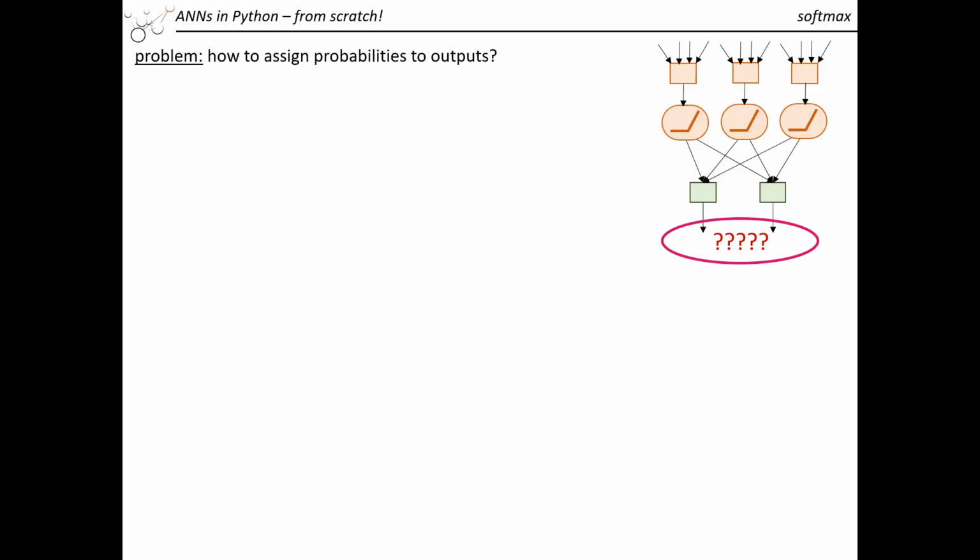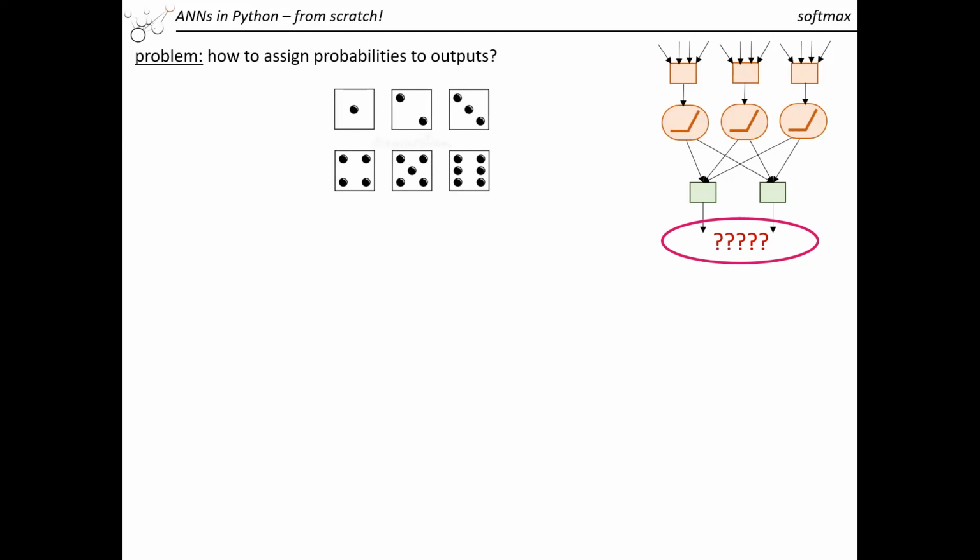We can't just guess a function or so. You kind of have to derive a function based on some mathematical laws so that the whole thing actually makes sense at the end. And I want to illustrate the problem with a die, for example, where we have 6 different categories, so 6 different states. And then we want to create, for example, a neural network that assigns the different categories to what it sees.